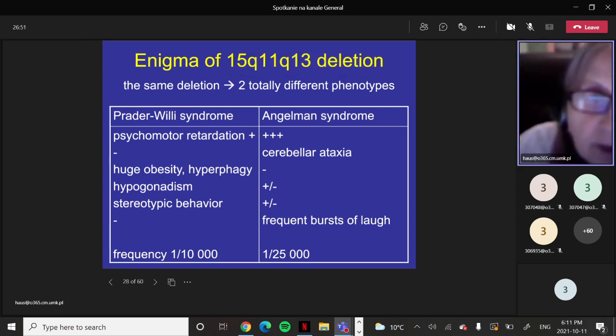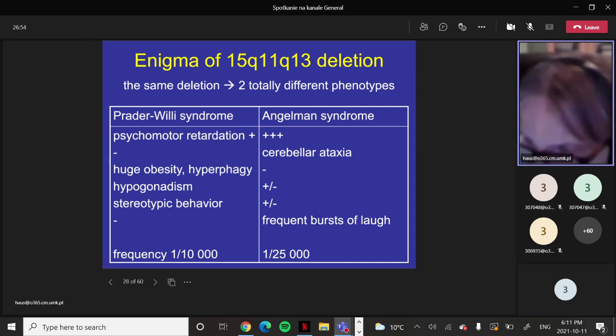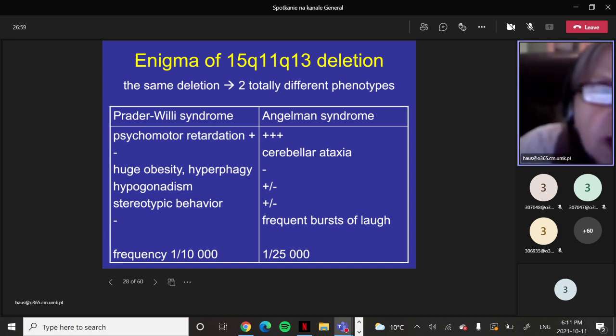And now I would like to present you the enigma, so-called enigma of the deletion of this 15q 11-q13 region. This is one deletion, okay? And the same deletion, in some cases, causes one phenotype, in other cases, totally different phenotype.